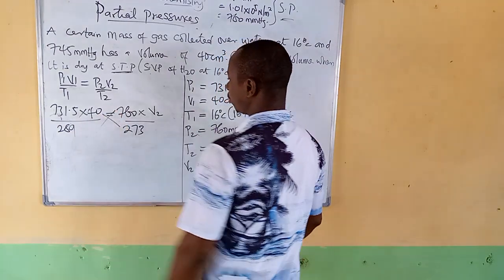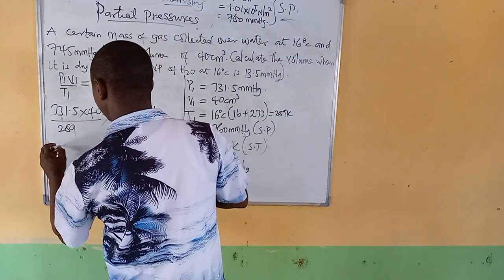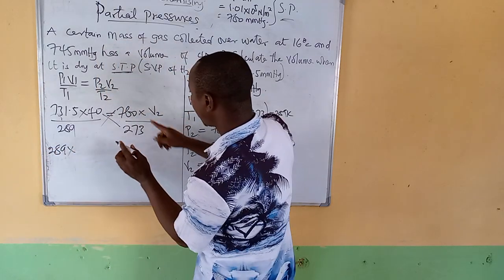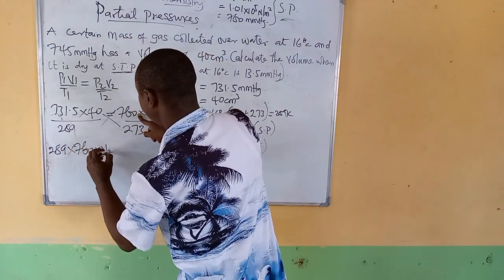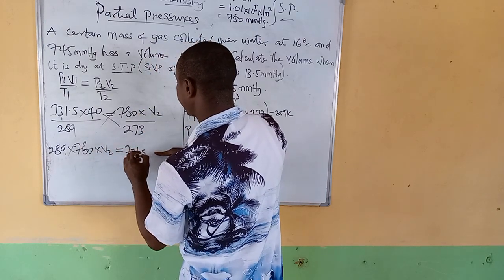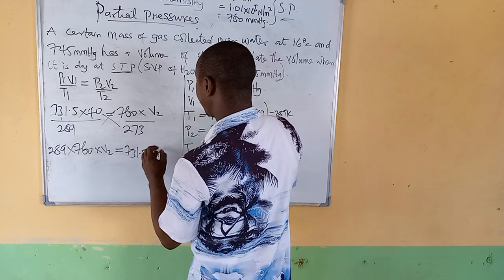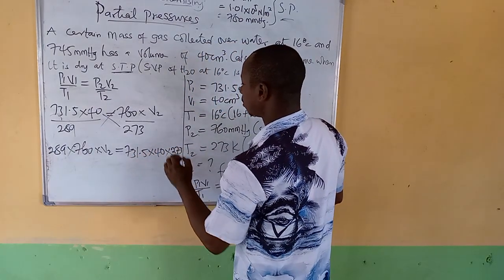What do we do? We cross multiply. So this becomes 289 multiplied by 760 times V2, which is equal to 731.5 multiplied by 40 multiplied by 273.